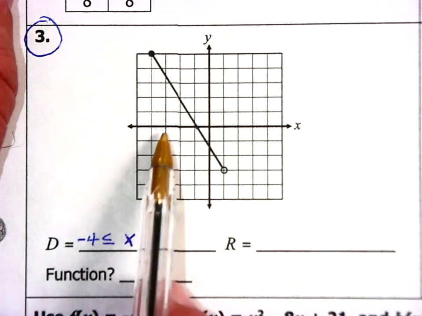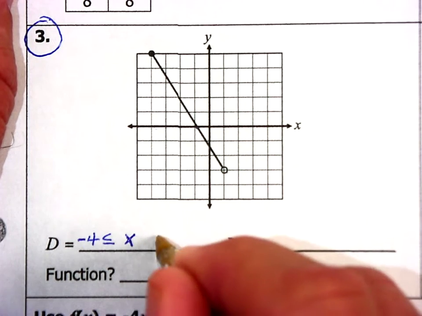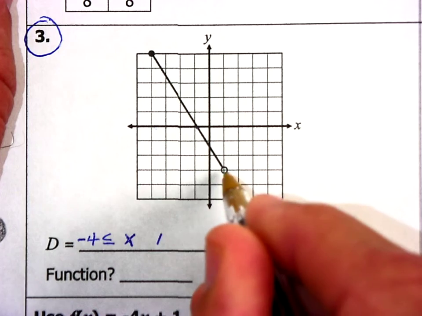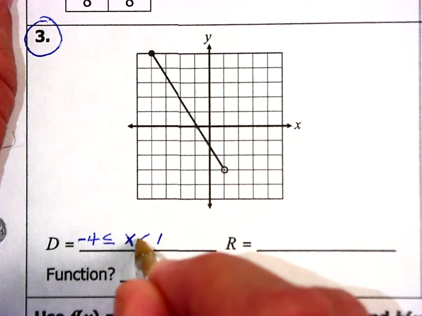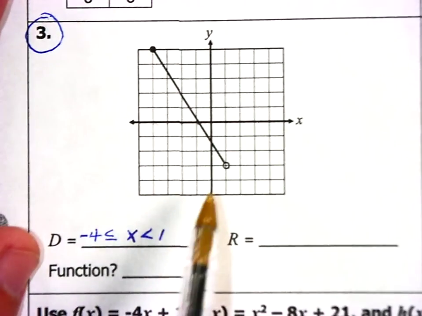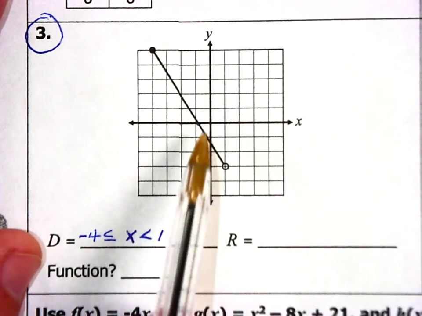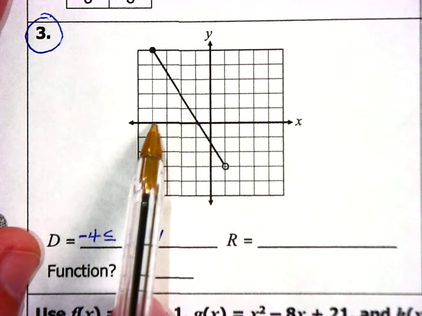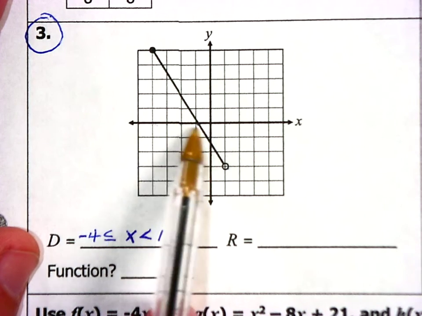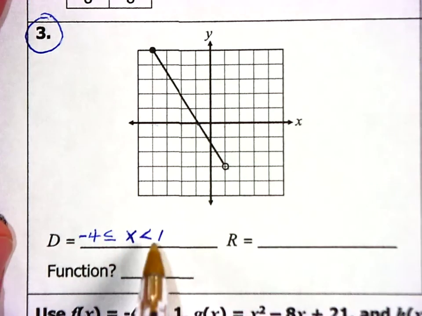And then the furthest to the right you can go is +1. You're going to put a 1 here, but you have an open ring, so you put a less than like this. So your domain, if you're scanning this graph, is: the furthest left you can go is -4, the furthest right you can go is 1, and that is your domain.